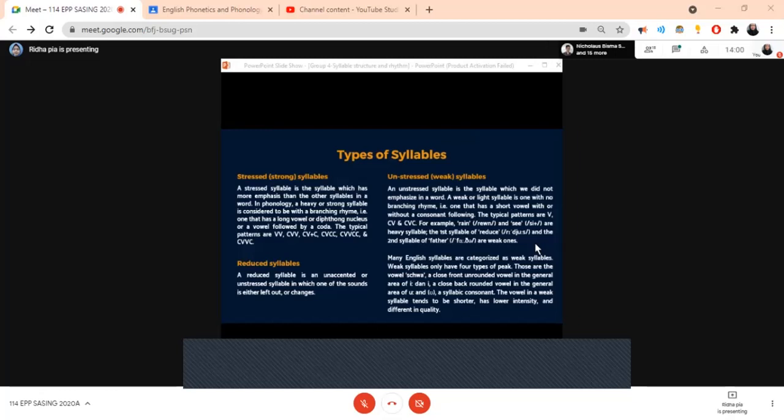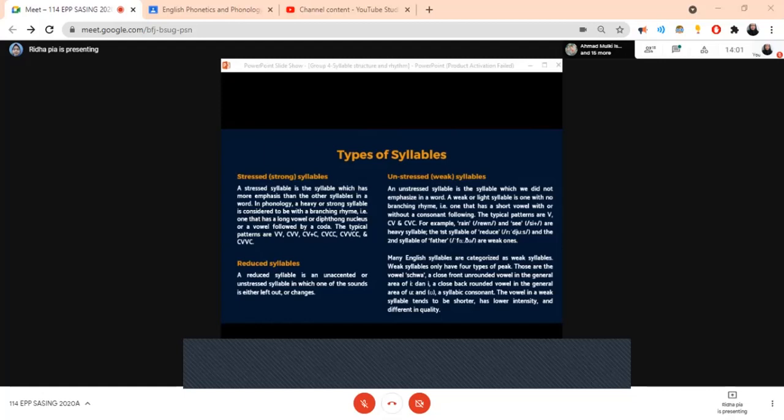So the difference between unstressed syllables and reduced syllables is that when you read an unstressed syllable, you read it with a monotone. But when you read a reduced syllable, there are sounds that are left out. So stressed syllables are said with emphasis, unstressed syllables without emphasis, and reduced syllables with some parts that are left out or changed.